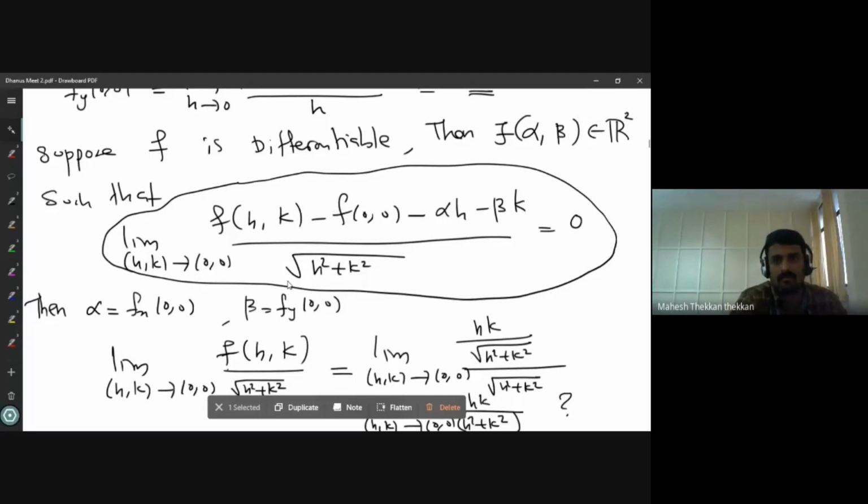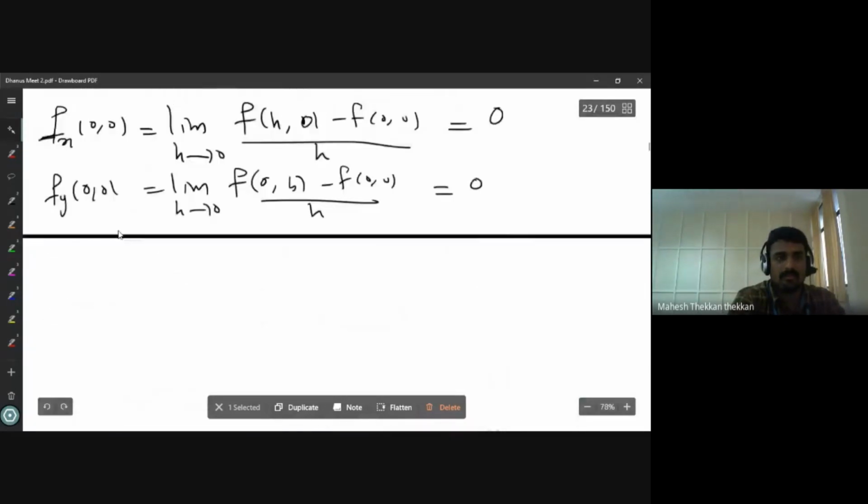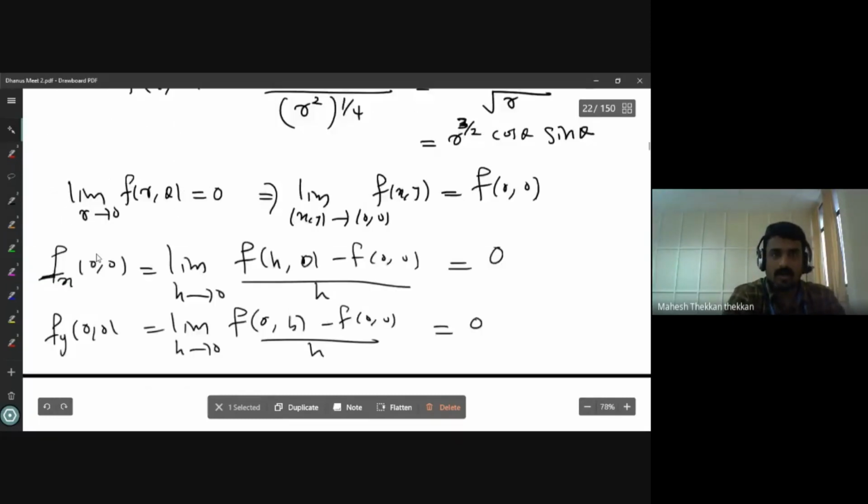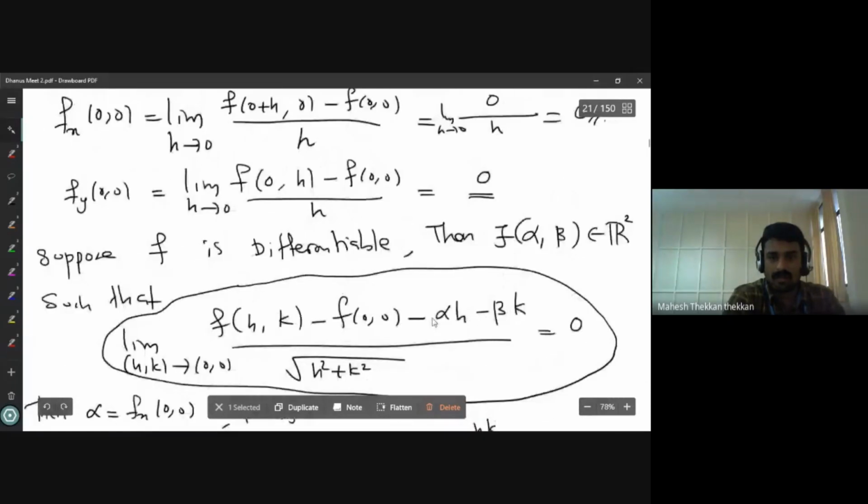If it is 0 for some alpha, beta, then we say f is differentiable at 0, 0. If such alpha, beta exist, that alpha has to be the partial derivative with respect to x at 0, 0, and beta has to be the partial derivative with respect to y at 0, 0. And in this case, the partial derivative at 0, 0 is 0, and the partial derivative with respect to y at 0, 0 is also 0. So I can put alpha as 0 and beta as 0. And f of 0, 0 is 0 only.